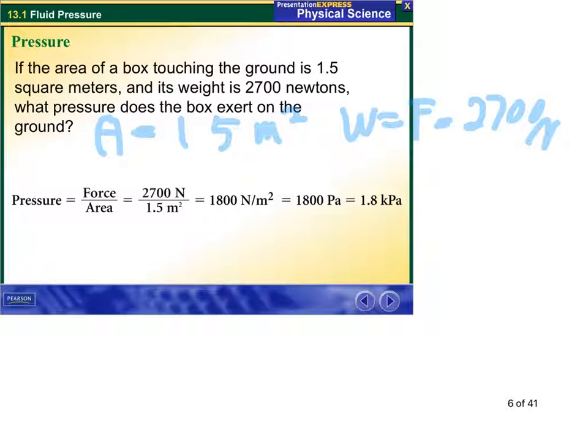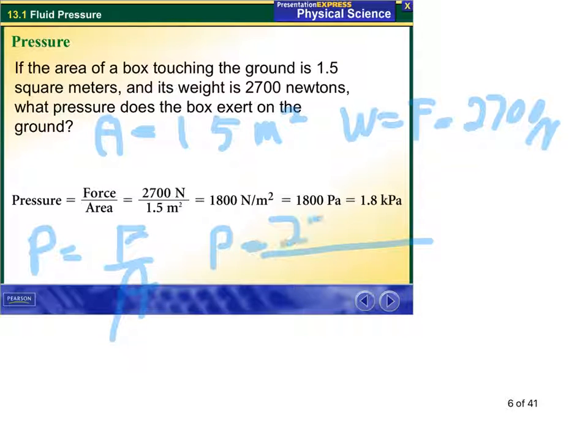And then when we were dealing with Newton's second law, I had you break newtons down into space units. Here we won't need to. So formula, pressure equals force over area. Pressure equals force, 2,700 newtons, divided by area of 1.5 square meters.